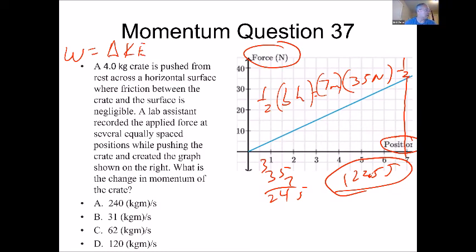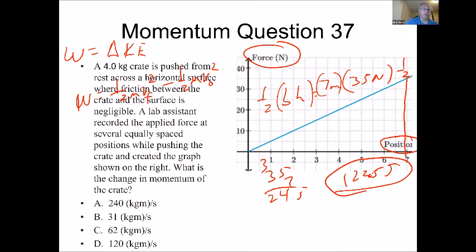Now, we also know that work is equal to change in kinetic energy. So we could think of our work as being the final kinetic energy, 1/2 m v final squared, minus our initial kinetic energy, like so.